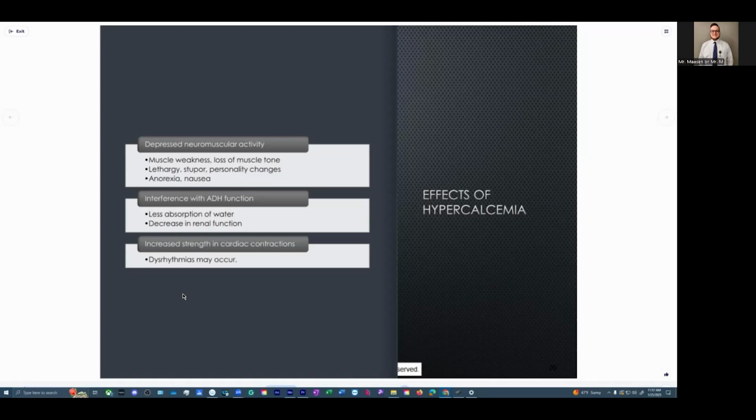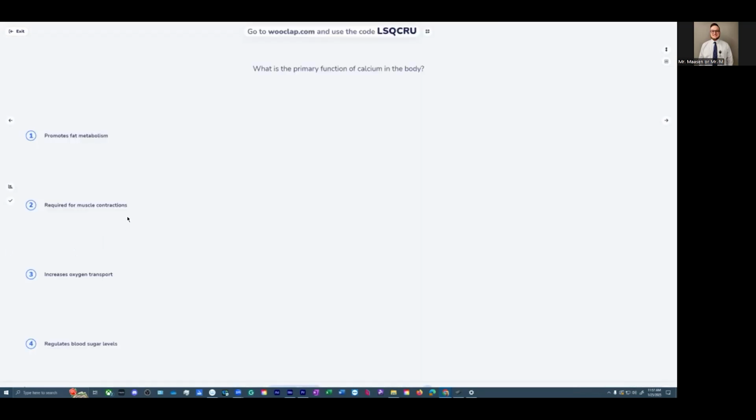I'm drowsy, I'm lethargic. And then again, similar dysrhythmias could occur, irregular heartbeats, that sort of stuff. These can also mess with kidney function. But overall, think confusion, drowsiness, stupor, muscle weakness, flaccid muscles, that sort of stuff.